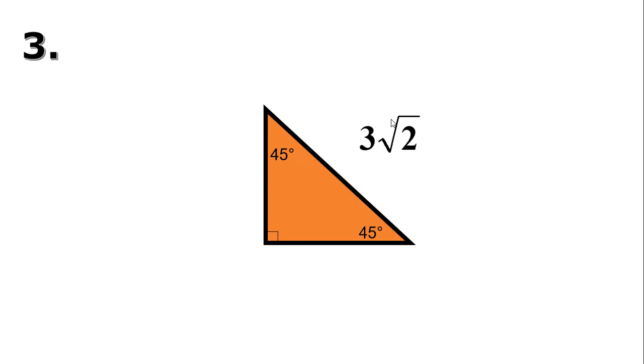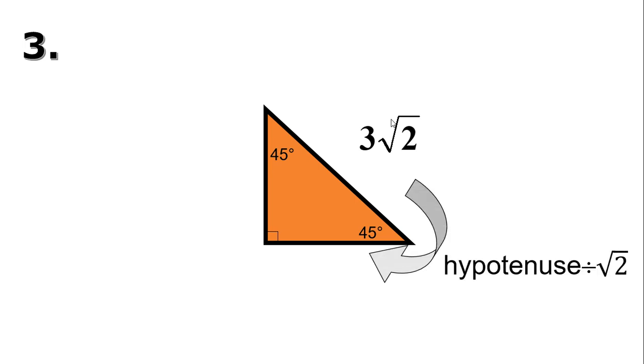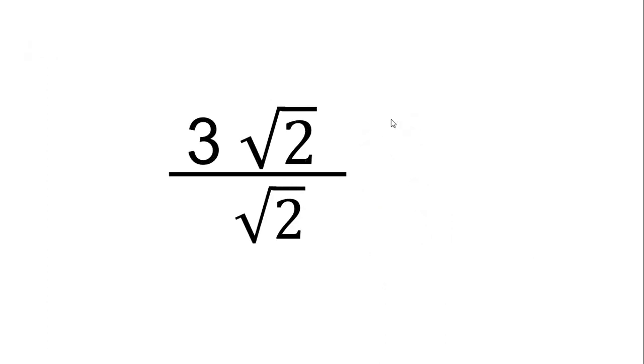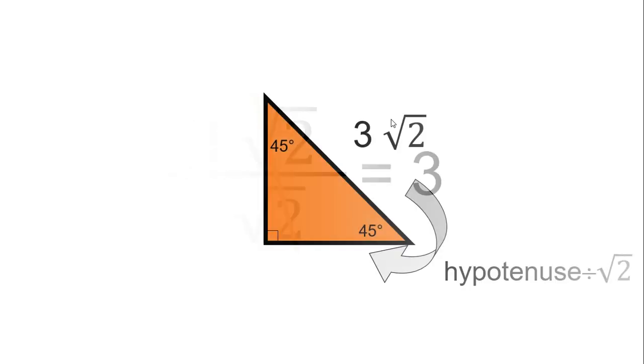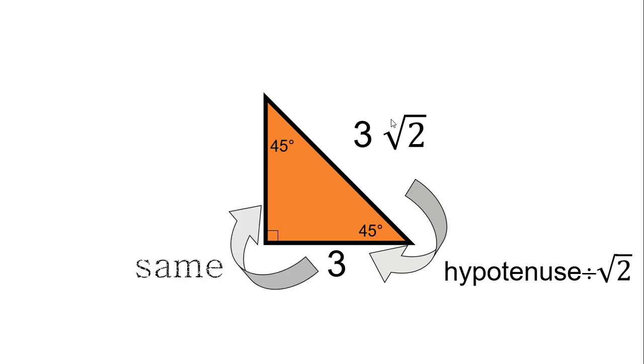What if the given is the measure of the hypotenuse? So we have here 3 square root of 2. You simply divide the hypotenuse by square root of 2. If you simplify that, that is 3. So if this leg is 3, the other leg is also 3.